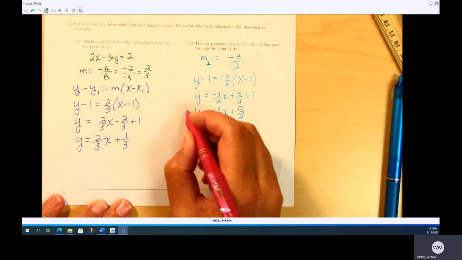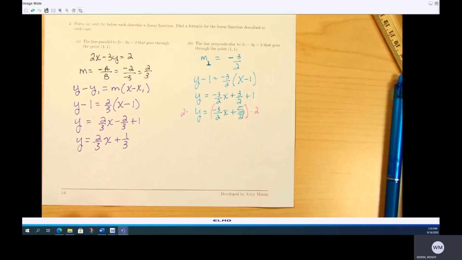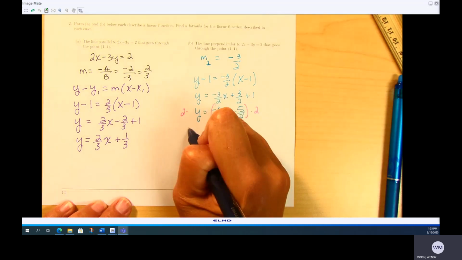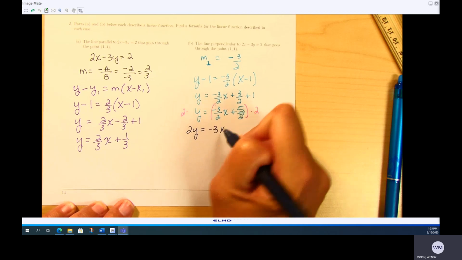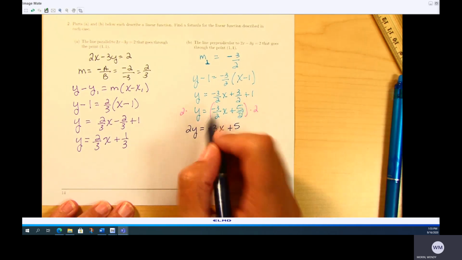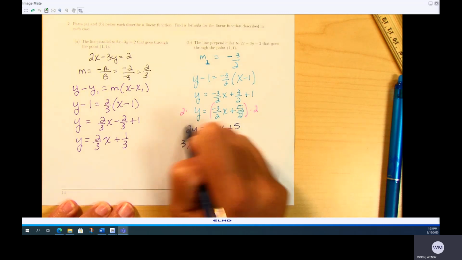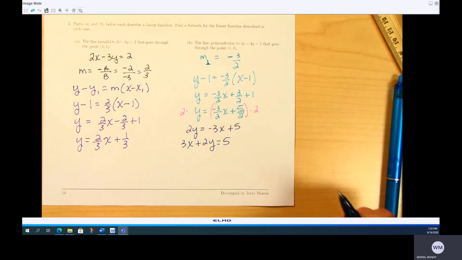Multiply both sides by the common denominator, which is 2. So that's going to give you 2y equals a negative 3x plus 5. Add 3x, move the x and the y to the same side, and that is standard form.